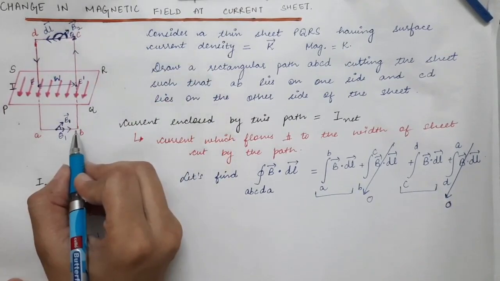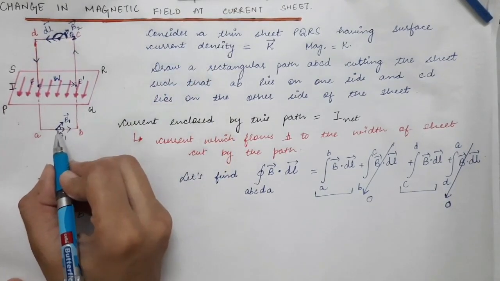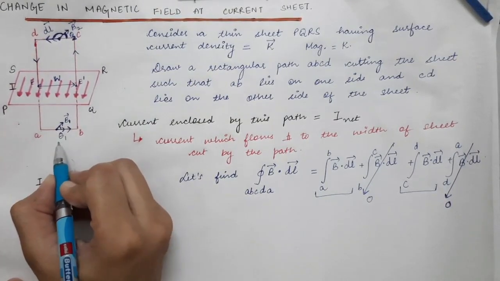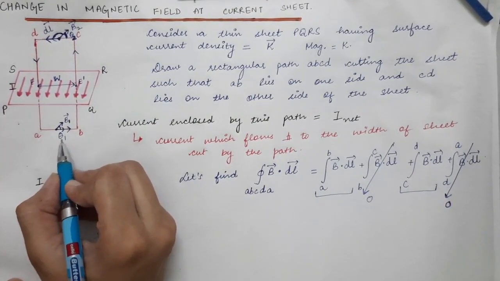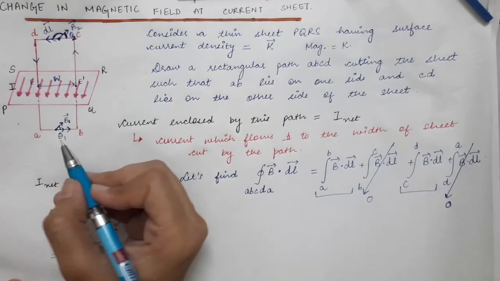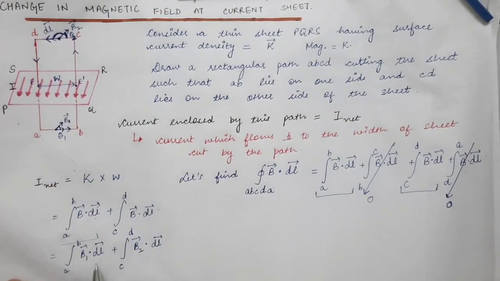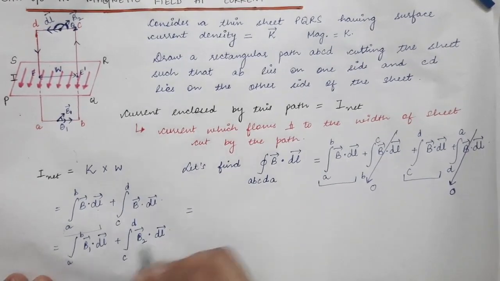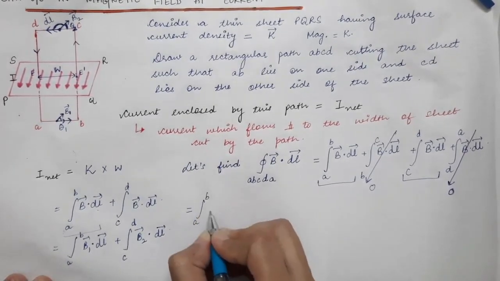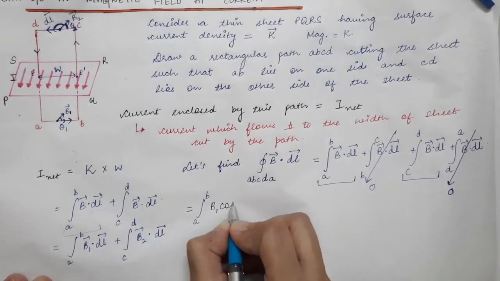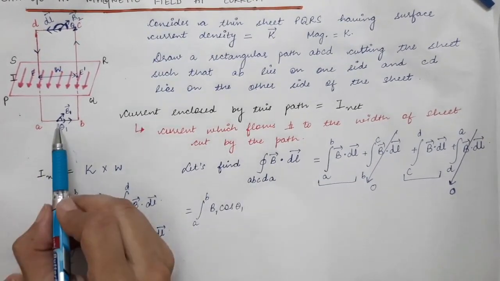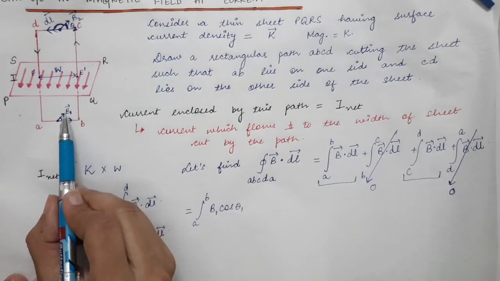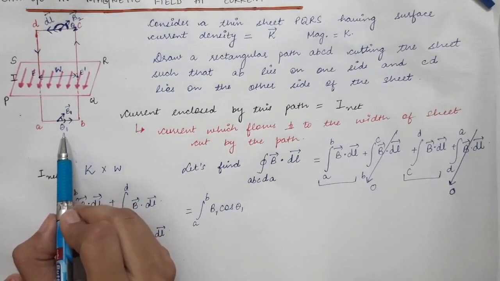Now on this segment AB, if this is the b1 vector, this will be the dl vector, so theta 1 is the angle between b1 and dl vector. If you solve this dot product, b1 vector dot product with dl vector will be equal to b1 into dl into cos theta 1.